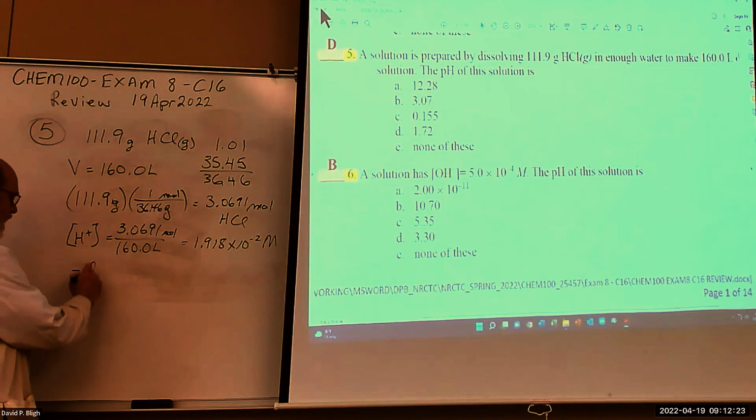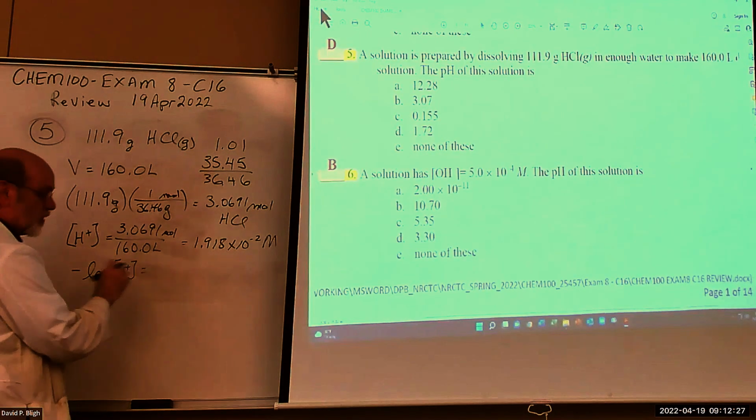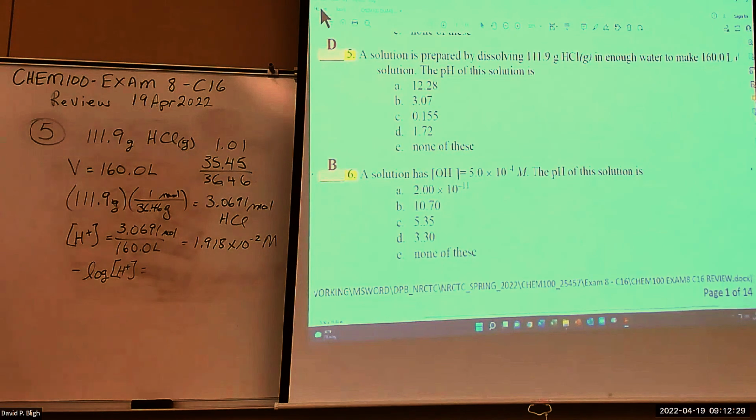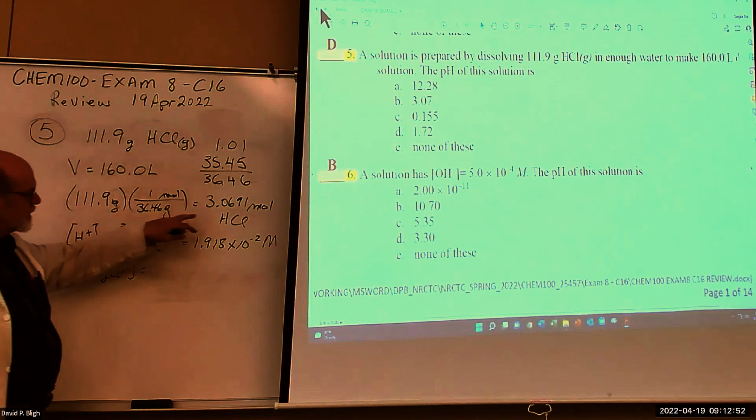So if we take the negative log of that concentration, we should get pH. Oops, excuse me, my mistake. Take the log of 1.918 times 10 to the minus 2 first, and then change the sign. 4 significant figures.